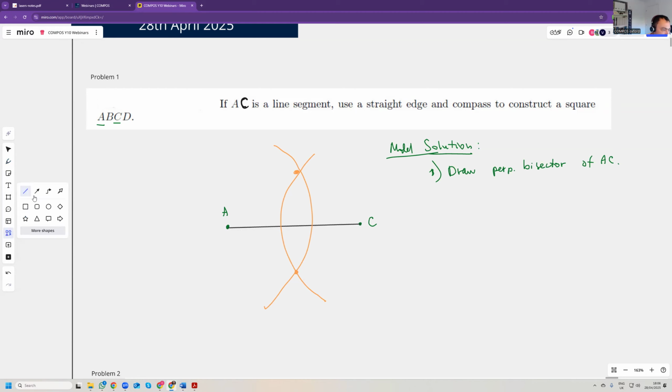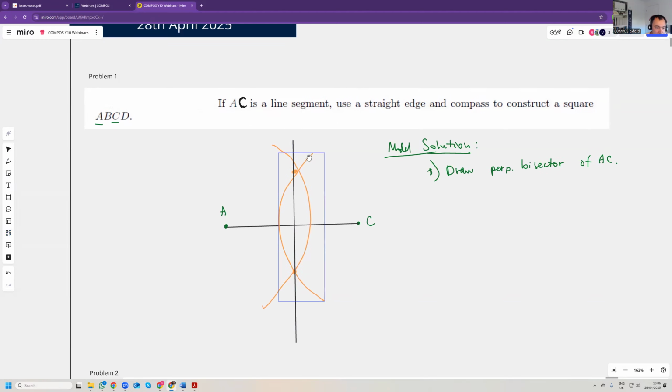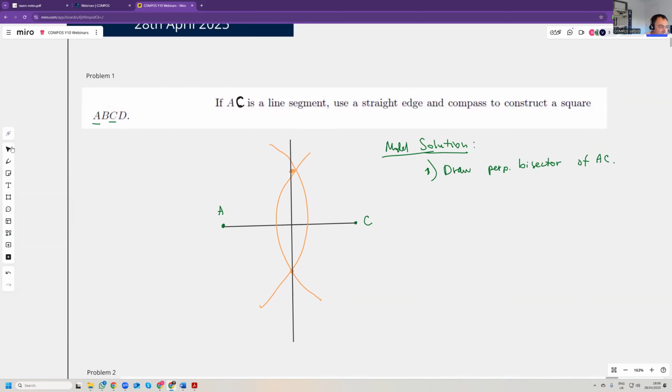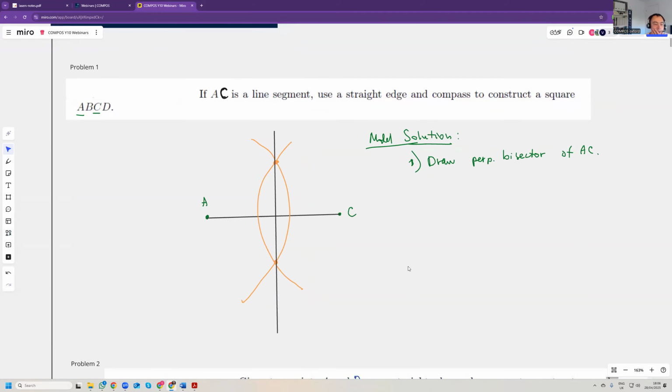Apologies, I don't have the necessary tools. At least I couldn't find how to use them in order to be accurate at this task. Okay. A perpendicular bisector of AC.